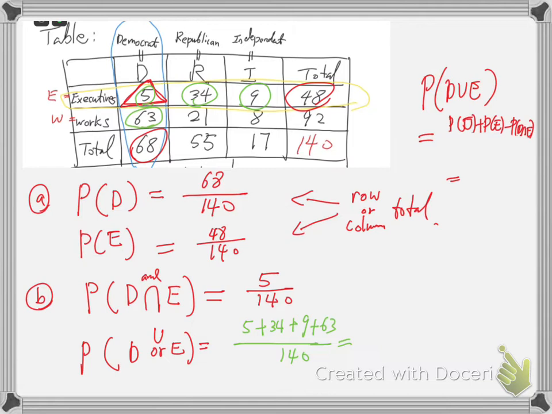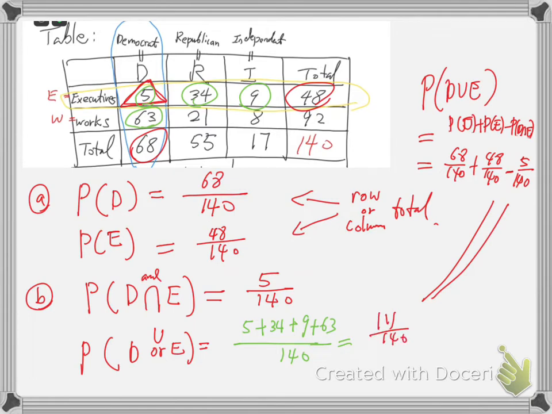So P(D) is 68 over 140, P(E) is 48 over 140, and then minus their intersection, 5 over 140. You get the same answer, 111 over 140.